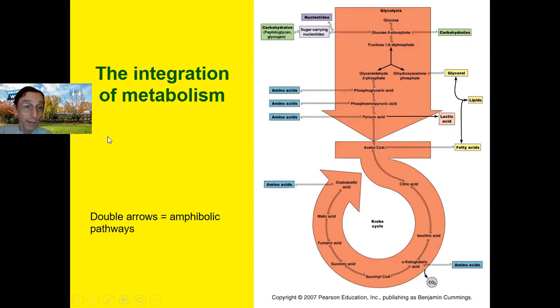Any question about any of that? The same is true for proteins. I'm not going to discuss it, but as you can see, this one even shows amino acids go both ways, going into aerobic respiration, or we could go from aerobic respiration to make an amino acid.